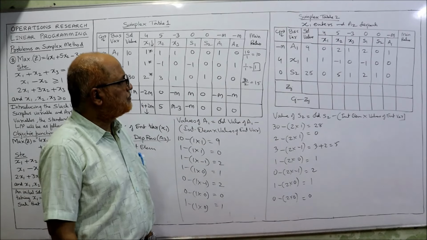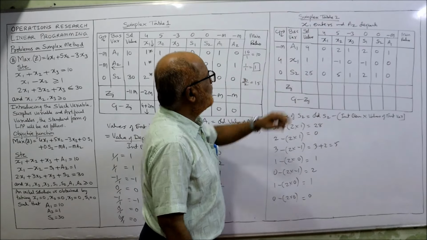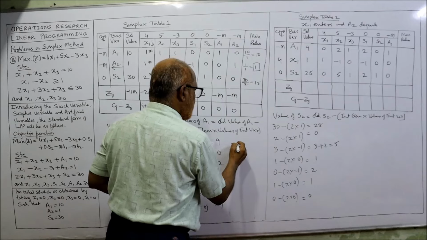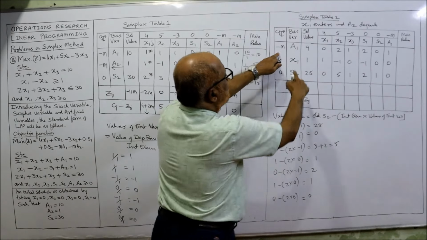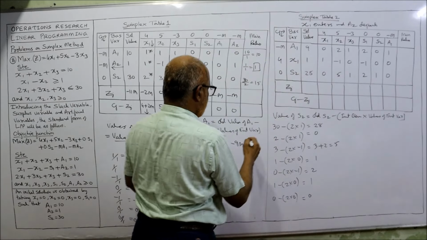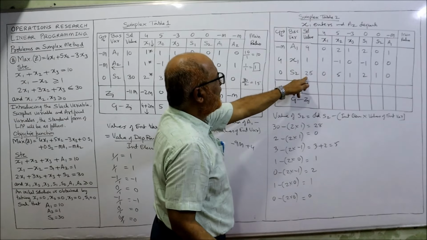Now the Zj value. Multiply the Cj value with the solution value. Minus m into 9 is minus 9m, plus 4, and 0 into 28 is 0.